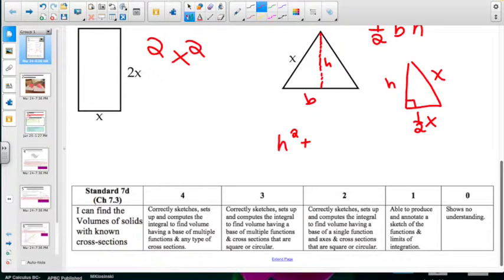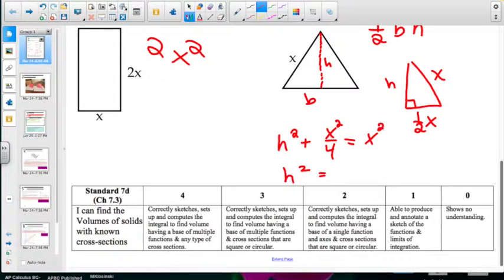How much is that if I square everything in one step? x squared over 4. And then what's that squared? x squared. So that's like saying 1x squared. So if I subtract x squared over 4 from both sides, what do I have left?